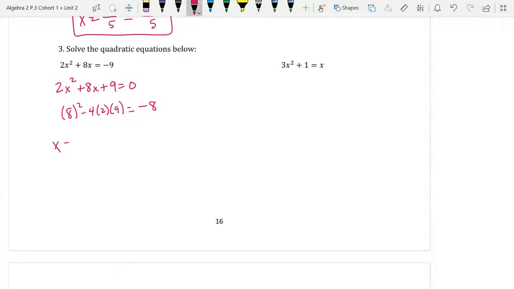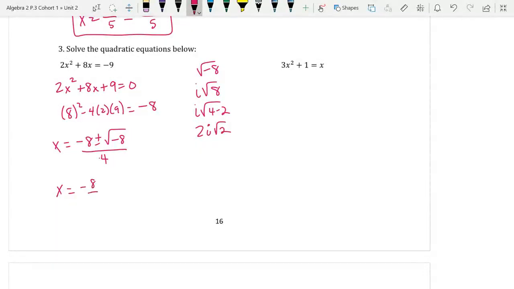So I have x is equal to negative 8 plus or minus the square root of negative 8, all divided by 4. 2 times 2 is 4. The square root of negative 8 can be i square root of 8, and then the square root of 8 becomes 4 times 2, so we wind up getting 2i square root of 2. So when I break this apart, I get negative 8/4 plus or minus 2i square root of 2 over 4.